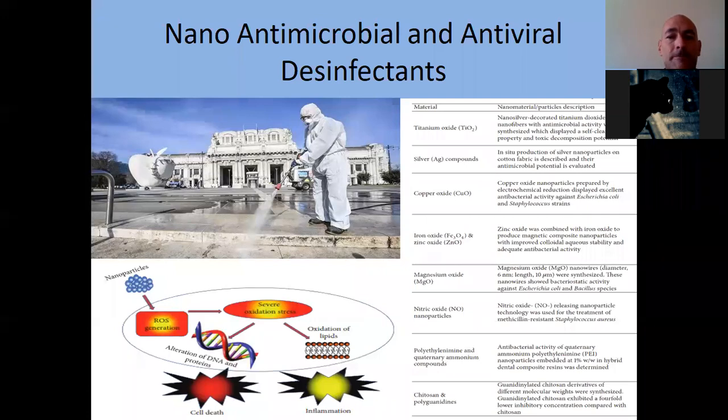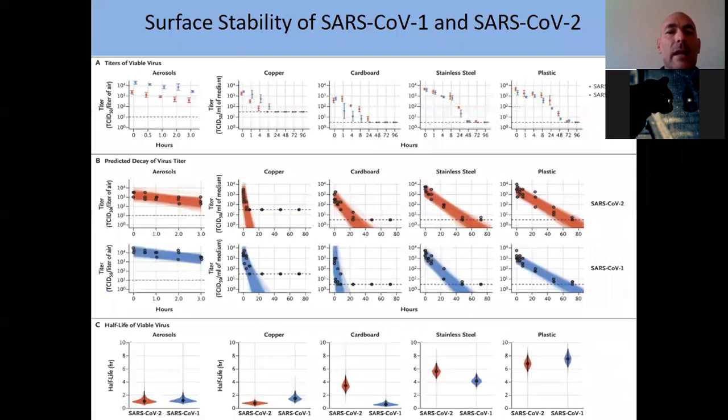So now all this work on using copper oxide nanoparticles has been based on these studies that show that this virus, this SARS-CoV-2 virus, and also the first one, are not very stable on copper surfaces.